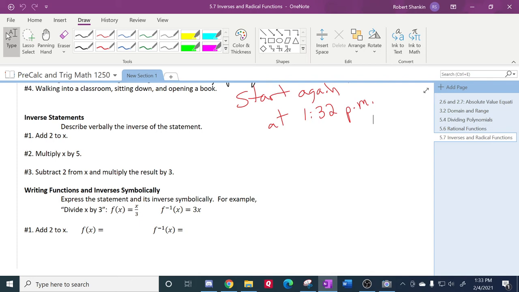All right, so on this one, there's 2 ways I could go about it. I could do subtract x from 2, or I could do subtract 2 from x.